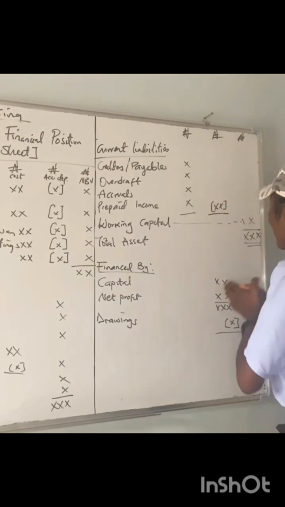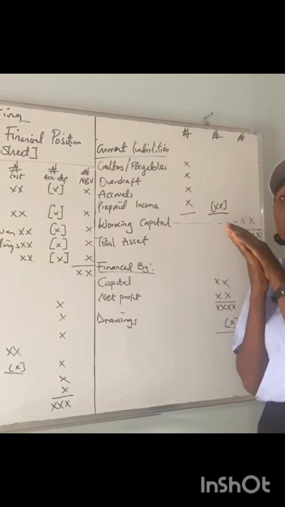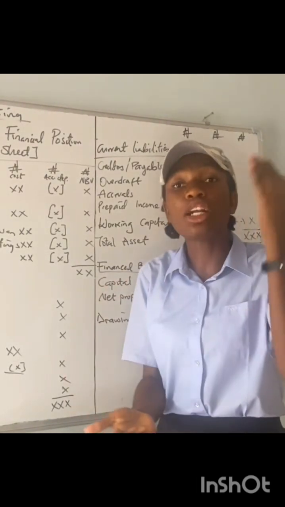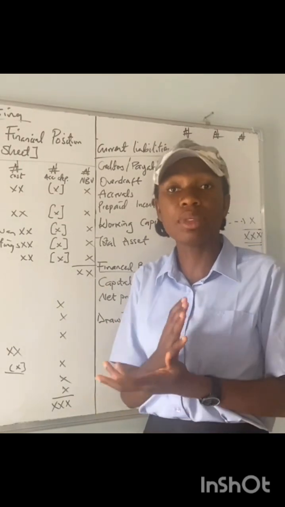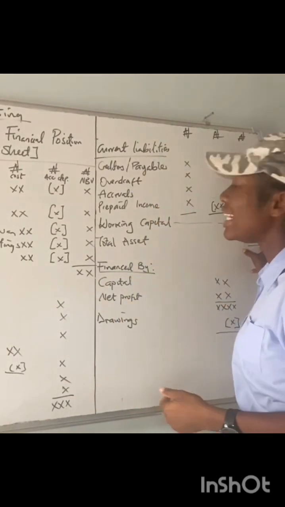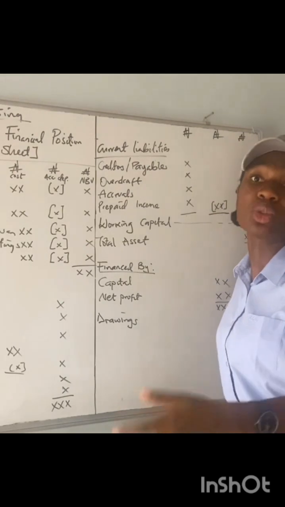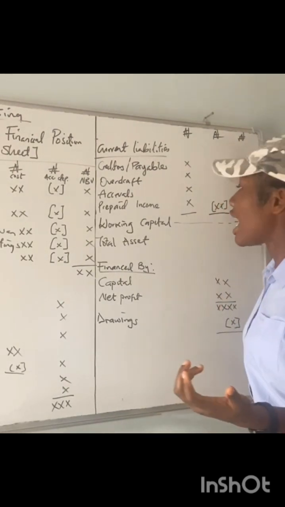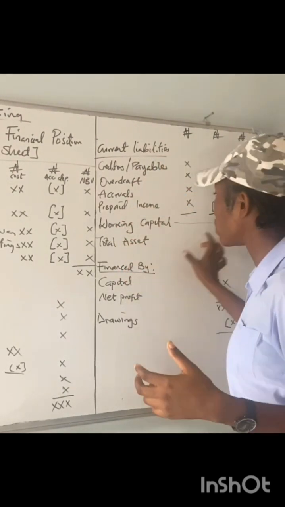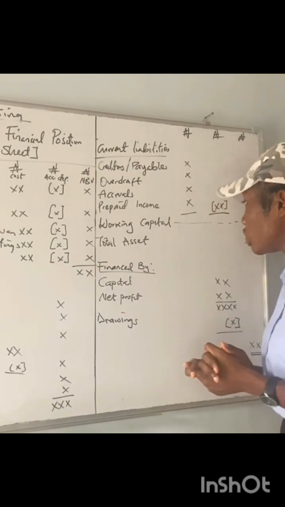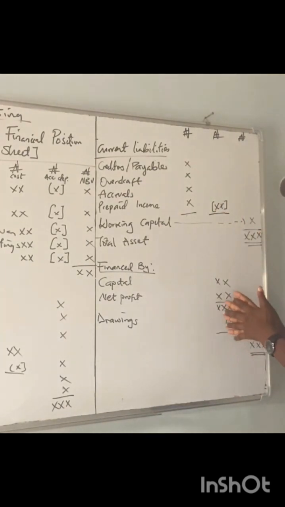Now we can either choose to stop here, or we can also less our long-term loan, that's our long-term liabilities. At this point we can less any bank loan given. We can less long-term liabilities from the total assets, and then we'll be getting our figure, our value, right?